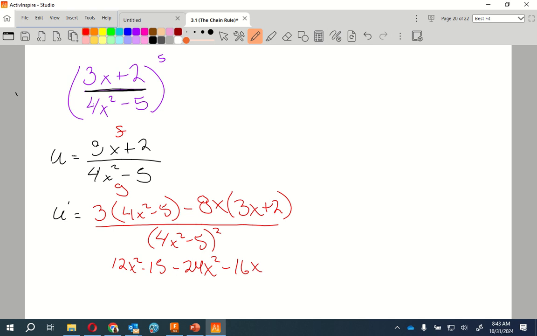And all that's still going to be over g squared. So let's combine it up first, and then put it over my g squared. So is there anything combined?